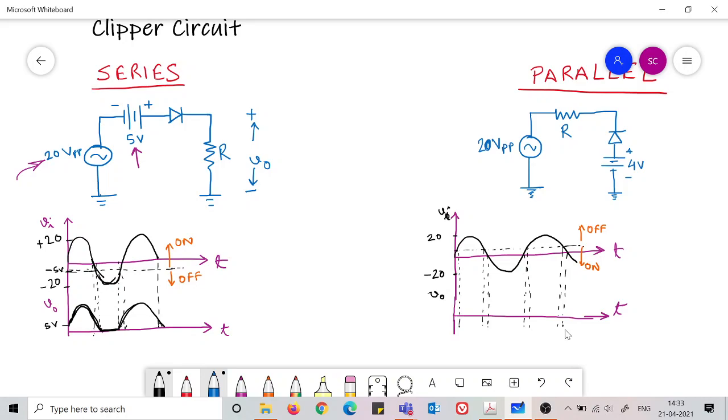V0 is here. This is the V0 when the diode is forward biased, with current flowing in this direction.